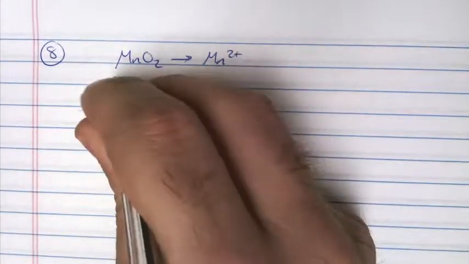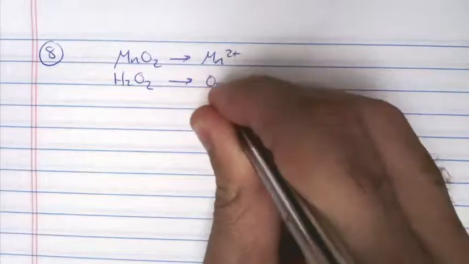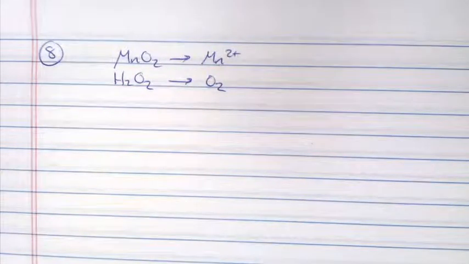Moving on to the other redox reactions. In step 8, you're going to be encountering manganese going from MnO2 to Mn2+. This is where you redissolve it. To accomplish this, you're going to be adding H2O2, hydrogen peroxide, and it will become O2 gas.